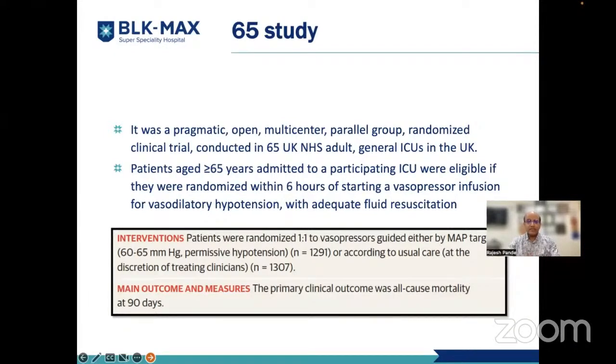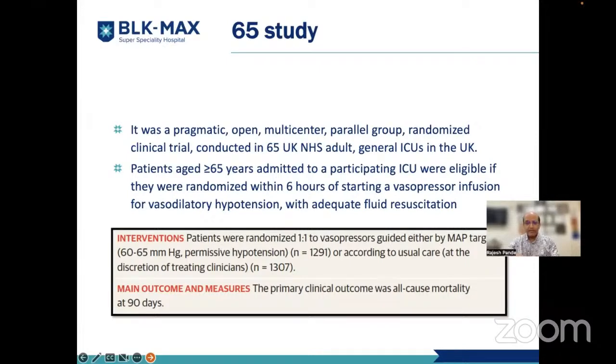And patients who were more than or equal to 65 years were admitted to these participating ICUs if they were eligible, and they were randomized within 6 hours of initiating a vasopressor infusion for vasodilatory hypotension with adequate fluid resuscitation to either the MAP target group of 60 to 65 millimeter mercury, which was called permissive hypotension, which had 1291 patients, or according to usual care. That is, it was left to the discretion of the treating physician, almost 1,300 patients.